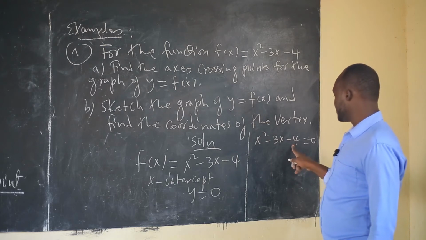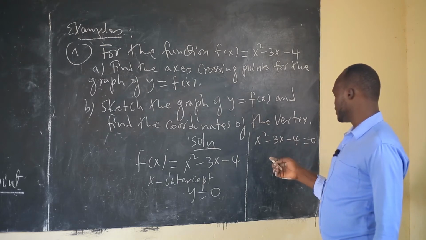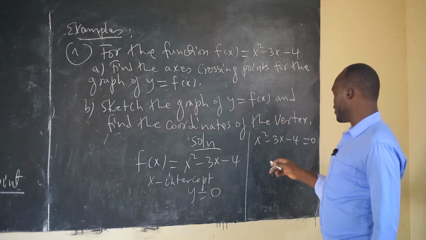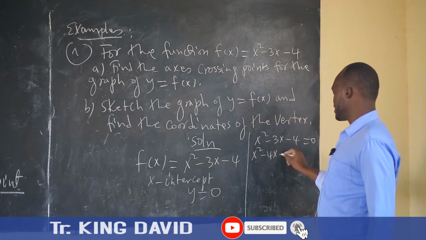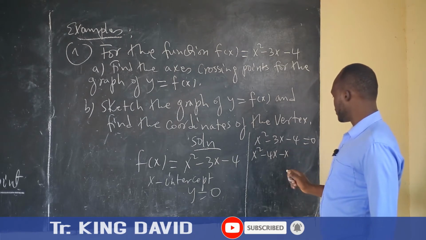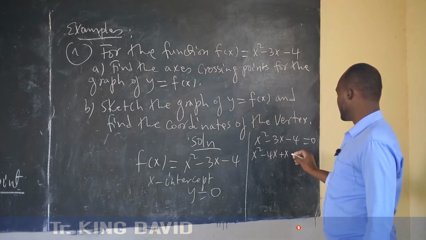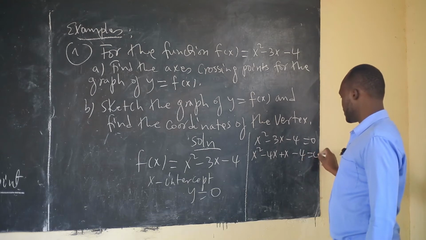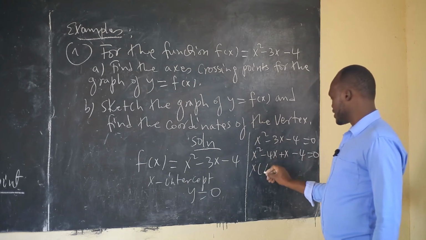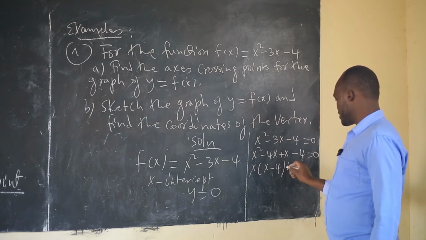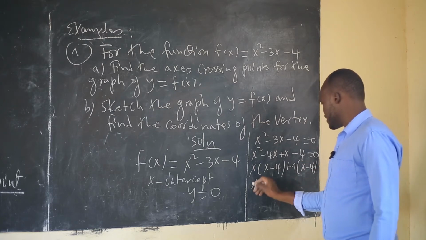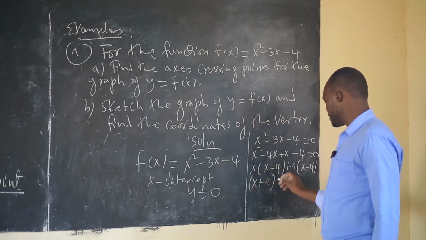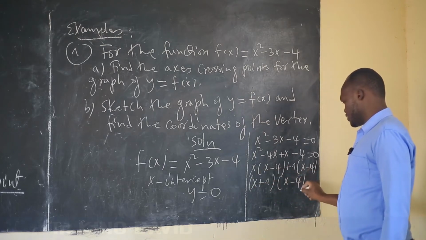It will be negative 4 and 1. So it will be x squared minus 4x plus x minus 4 equal to 0. Taking x out of the bracket: x(x minus 4) plus 1(x minus 4) equal to 0. So that is (x plus 1)(x minus 4) equal to 0.